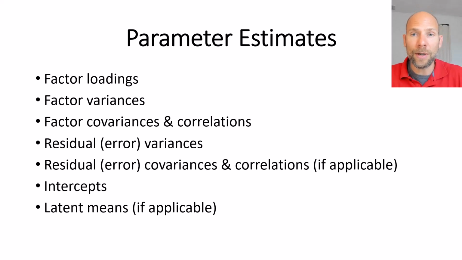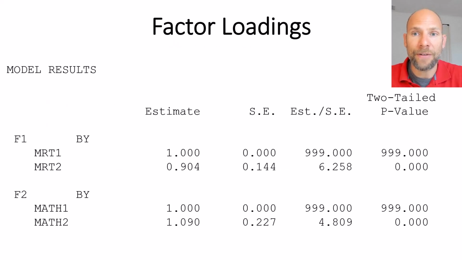So let's take a look at some of these based on the Mplus output, and we're going to start with the factor loadings. In Mplus and other programs, typically you get the unstandardized parameter estimates, the unstandardized loadings and other parameters first, meaning this is a solution where neither the observed nor the latent variables are standardized.